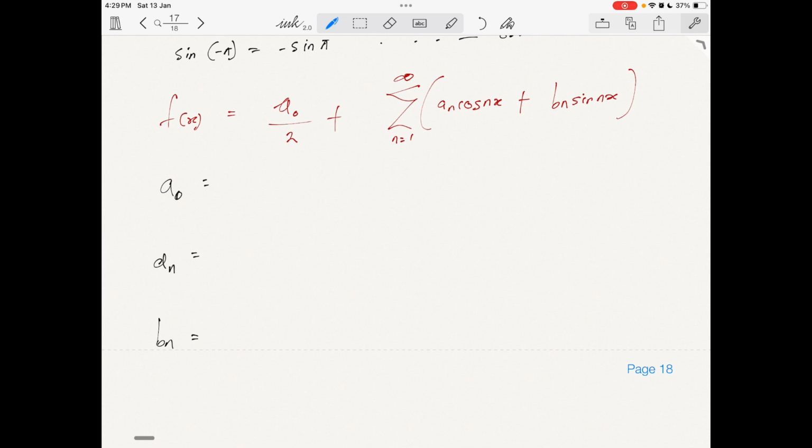The Fourier series for even functions can be called the Fourier cosine series, and the Fourier series for odd functions can be called the Fourier sine series, which we will look at in our upcoming videos.